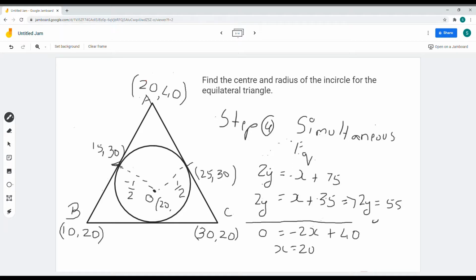Or in other words, my y is going to be equal to 27, I hope I'm right, should be 27.5. So that means the y coordinate should be 27.5. That means the center of my circle is 20, 27.5.